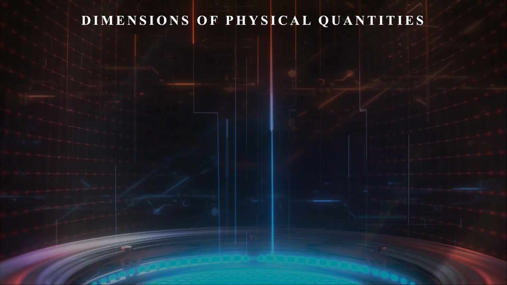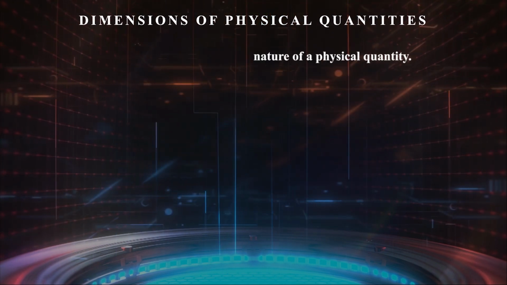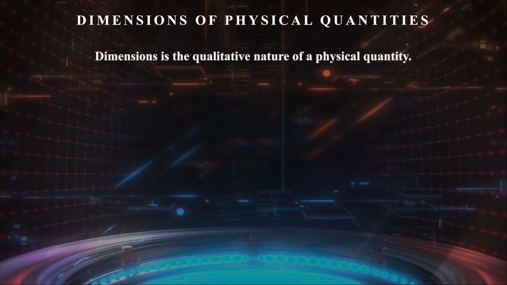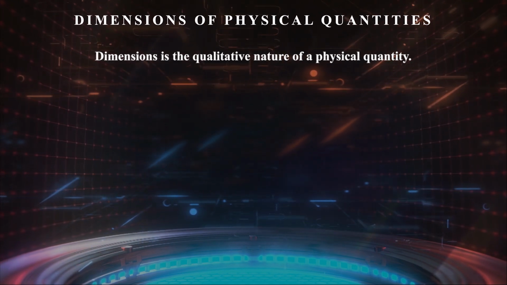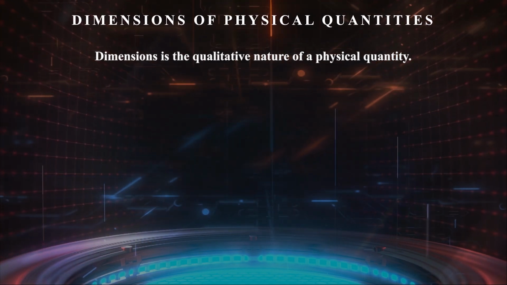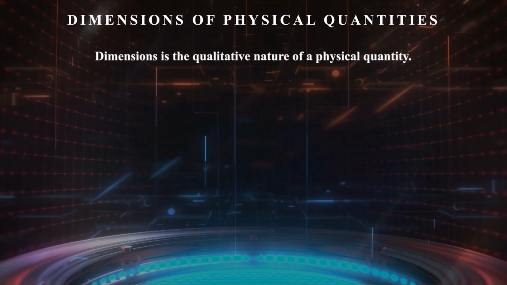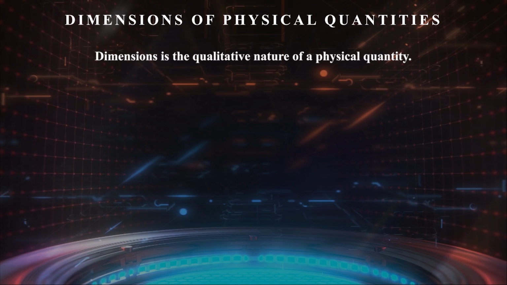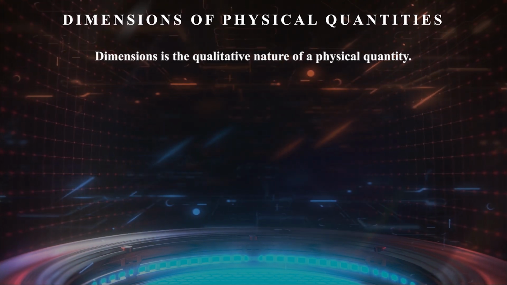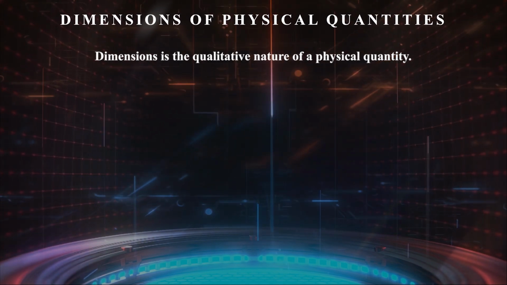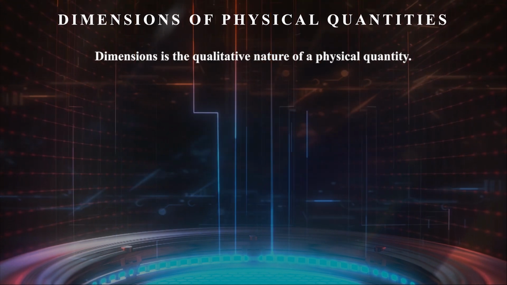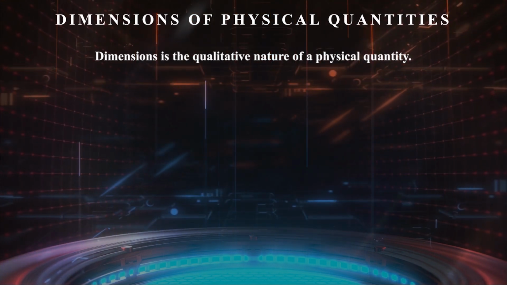So first of all, what is dimension? The word dimension has a specific meaning. Dimensions are physical quantities that can be measured in some way. Dimension is the qualitative nature of the physical quantity.